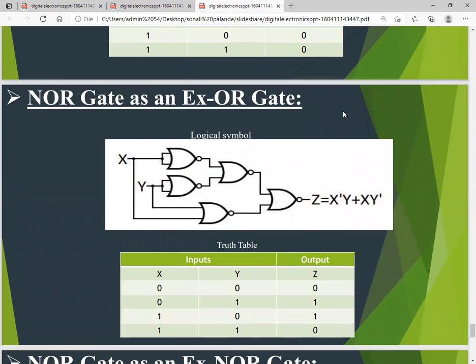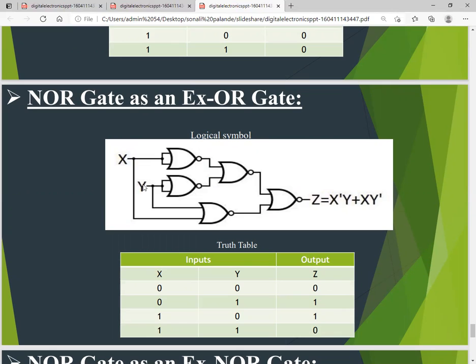So another one is the NOR gate as an XOR gate. This is the logical circuit of the NOR gate as an XOR gate. Here we use five NOR gates connected to each other. And this is the truth table of this circuit. That is, x and y are the inputs and z is the output. If x equals 0, y equals 0, then z equals 0.